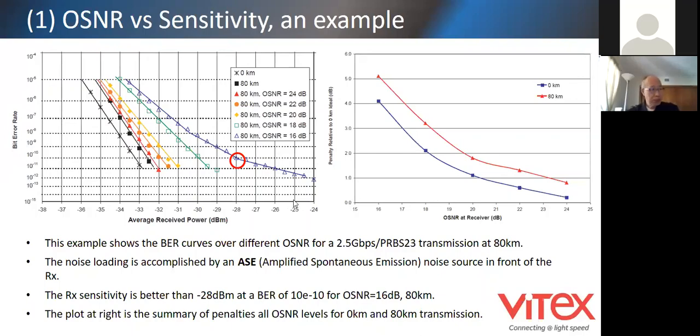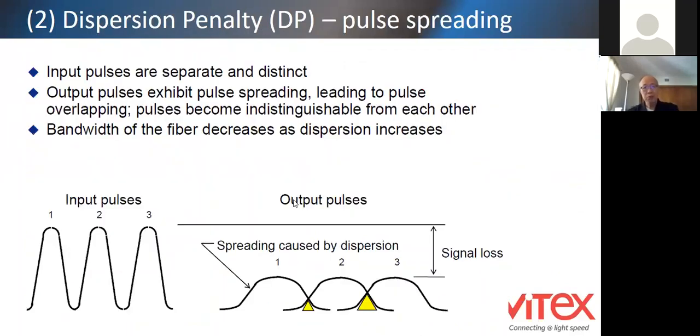Okay, I'd like to touch base a little bit on the dispersion penalty. I know most of you would know what dispersion penalty is. It's basically the input pulses coming in through the fiber. It has two effects. One is the signal loss due to the insertion of the fiber, and also the spreading due to dispersion. Basically, the bandwidth of the fiber decreases as the dispersion increases.